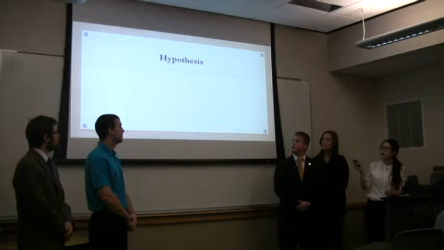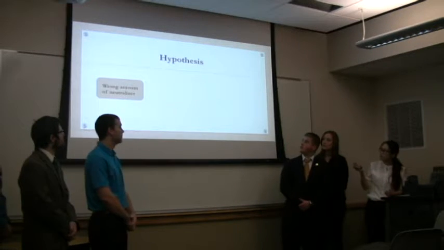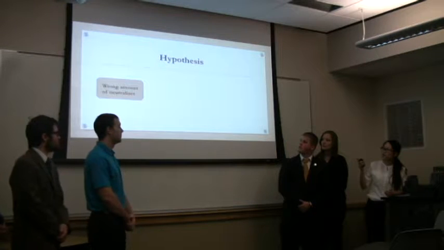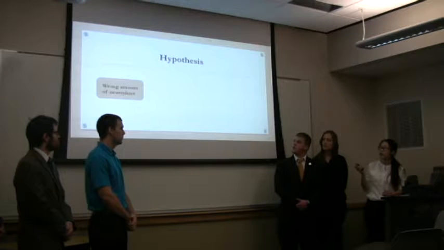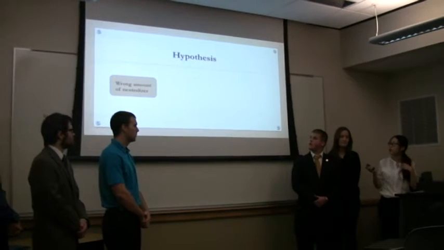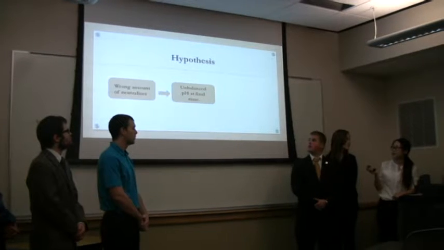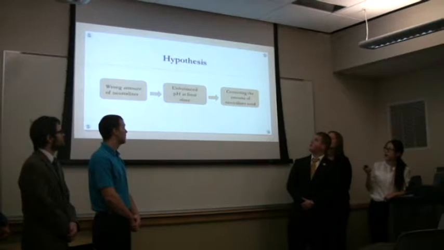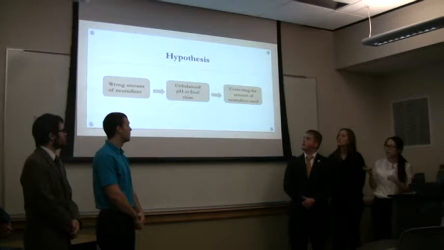Hypothesis. Based on the information above, we make two hypotheses. The first hypothesis is that the wrong amount of neutralizer is being used in the COP and CIP systems. That will cause unbalanced pH at the final rinse. If that's our case, we need to correct the amount of neutralizer used in both systems.